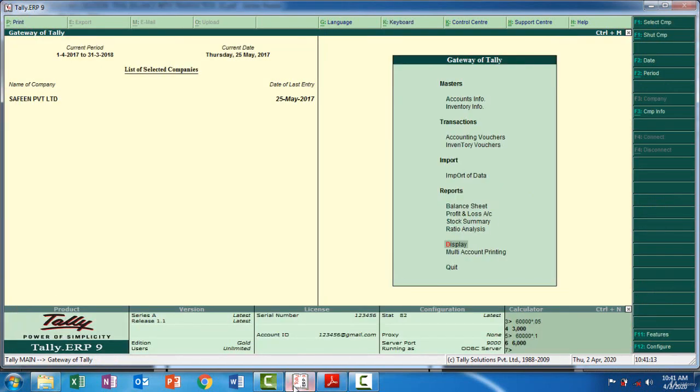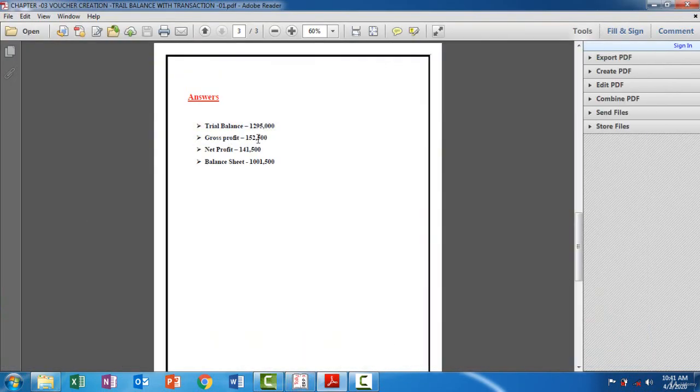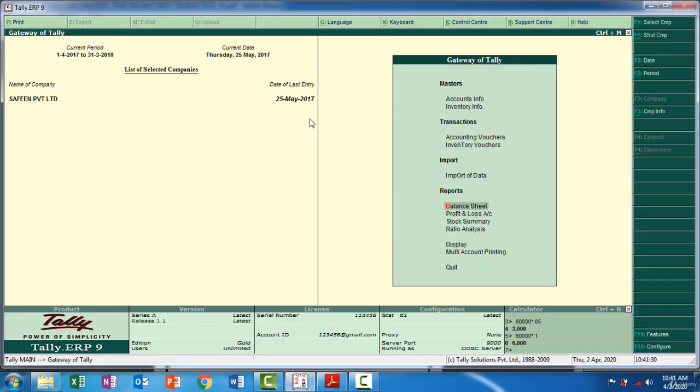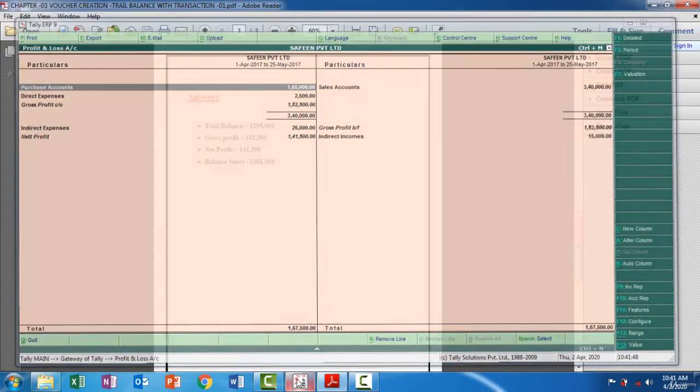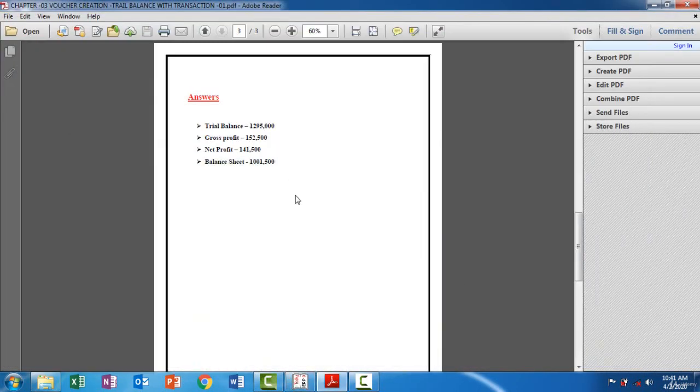and the second answer is gross profit 152,500. I'm going to go to the profit and loss account. In the profit and loss account, the gross profit, how much? 152,500.